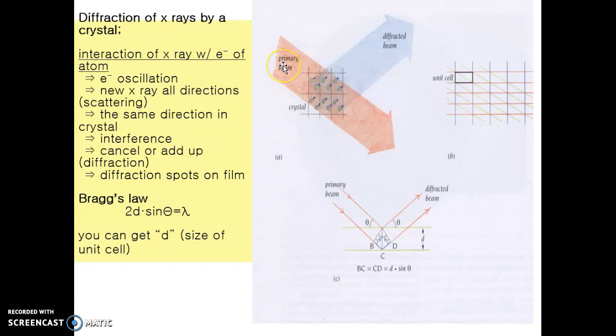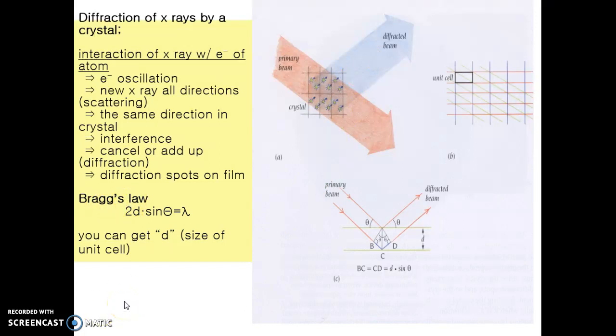Initial X-rays passing through protein crystals produce this kind of diffracted beam. The production of the diffracted beam could be explained by Bragg's law.